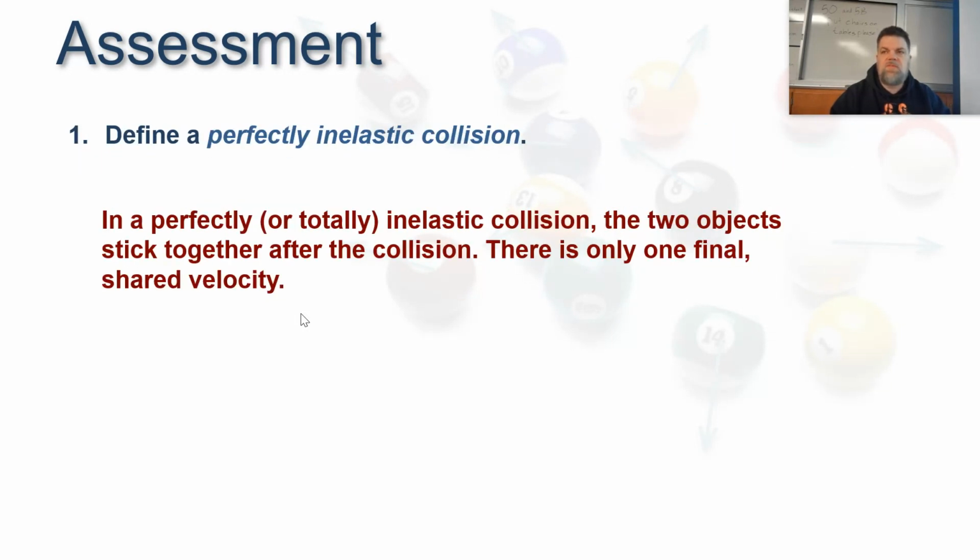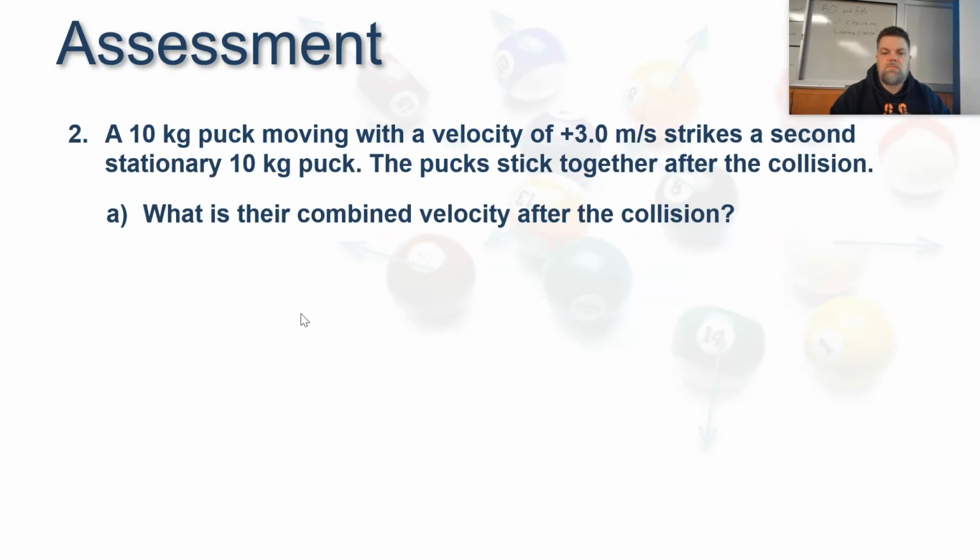Is everybody done? Can I move to the next thing? All right, so same type of problem. This is M1, 10 kilograms. It's moving with a velocity in the positive direction.